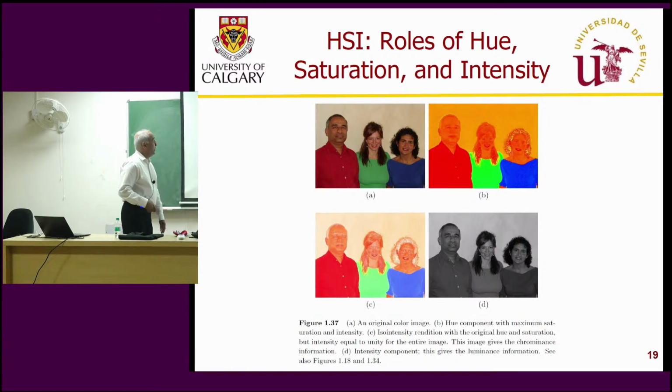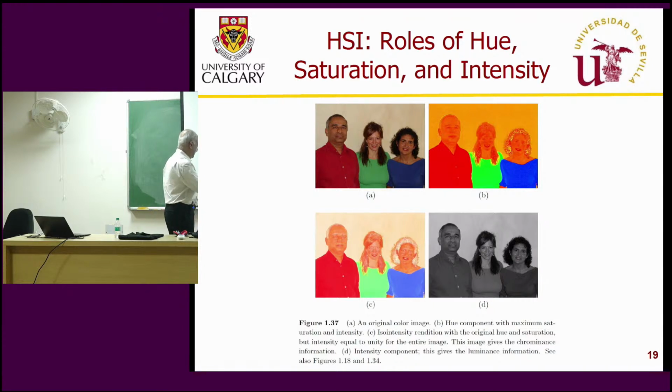If you play around with hue, saturation, and intensity, you can get a few different types of pictures. Here I have kept the hue component with maximum saturation and intensity. So this green is not the real green. Green is that. Sometimes I get confused. No, that looks green. No, but green is that. Similarly, blue is that. Maximum saturation.